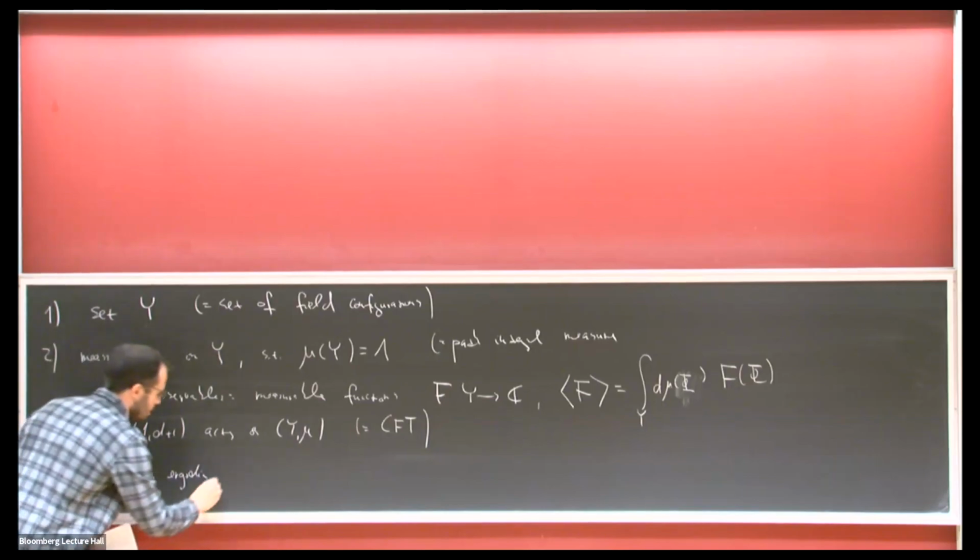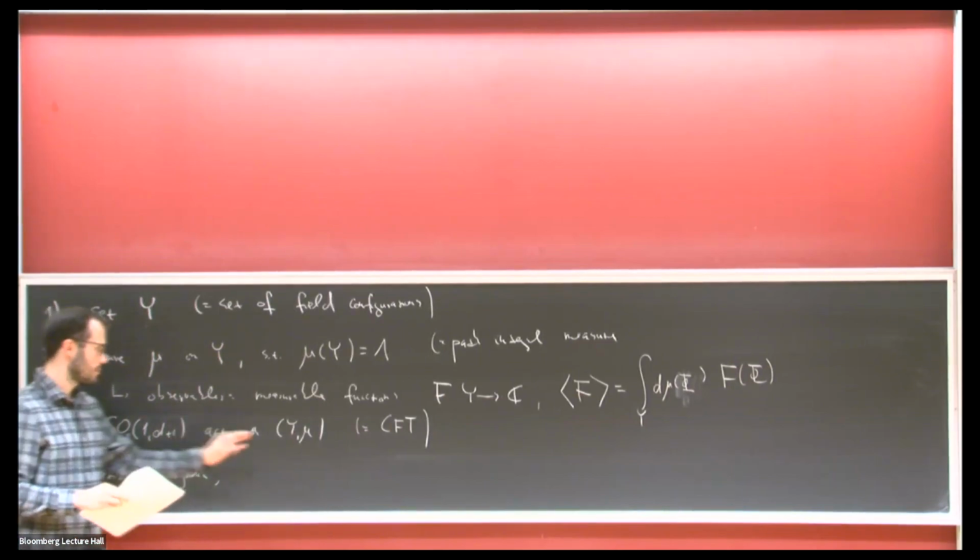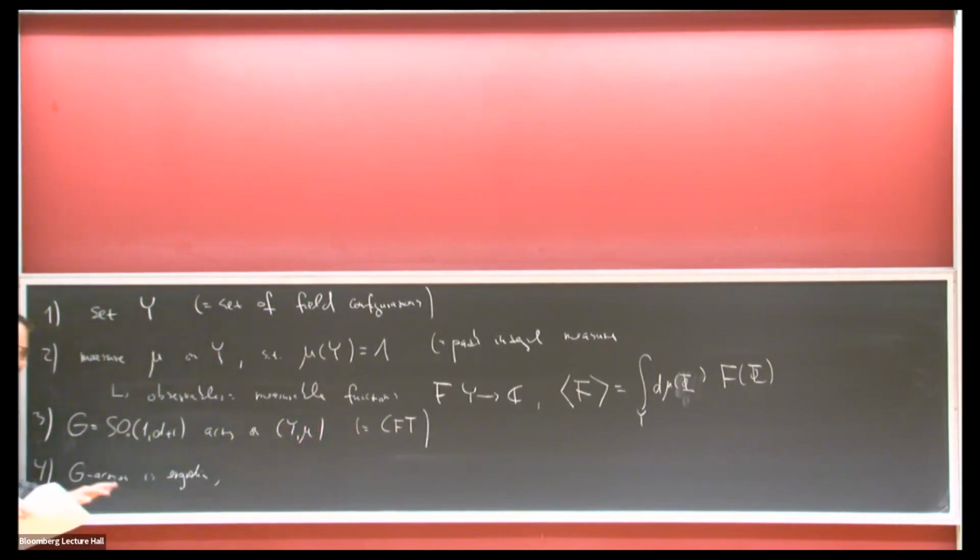So what does ergodic mean? Ergodic is kind of the generalization of transitive. It's a statement that basically whenever you have some measurable subset of positive measure in here, if you move it using the G action around, you've covered the whole space.